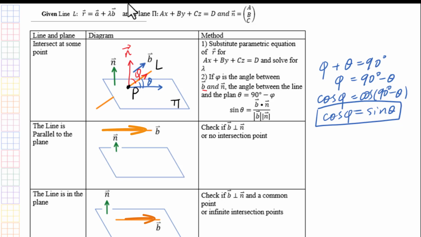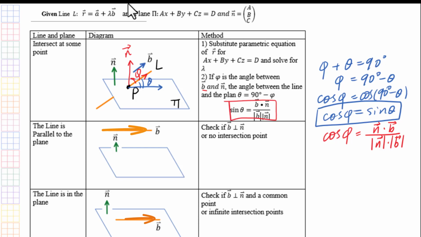Since phi is the angle between normal vector of the plane and the direction vector of L, cosine phi equals vector n dot vector b over length of n times the length of b. So we have this formula.